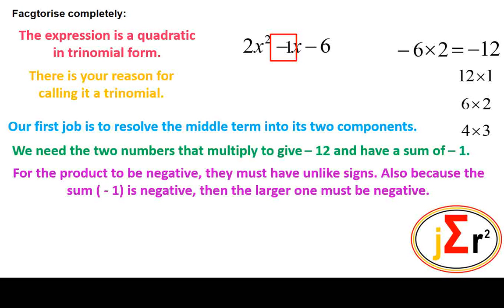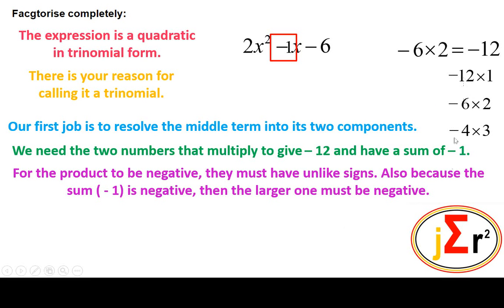The sum is required to be negative. Therefore, of the two numbers that multiply to give -12, of which one must be positive and one must be negative, the sum is negative. Therefore, the larger one must be negative. And we are going to demonstrate that right there.